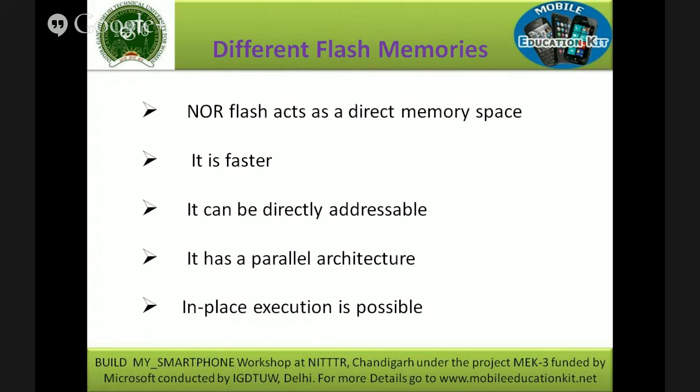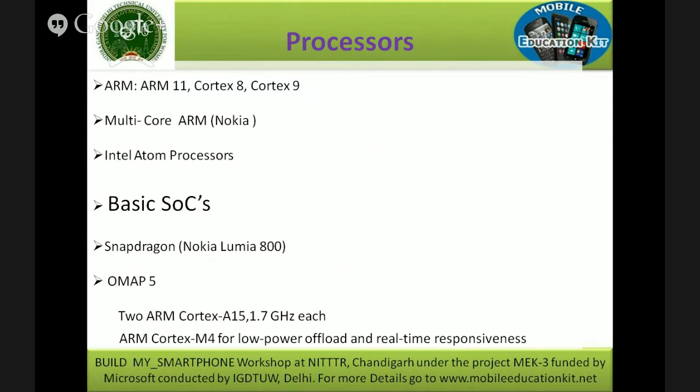Whereas in the NAND flash, data comes serially. With data coming serially and a parallel data bus, there is a delay. So in-place execution is really not possible. So you have to bridge, and that bridge is again a RAM or a cache. All the differences we have already covered.